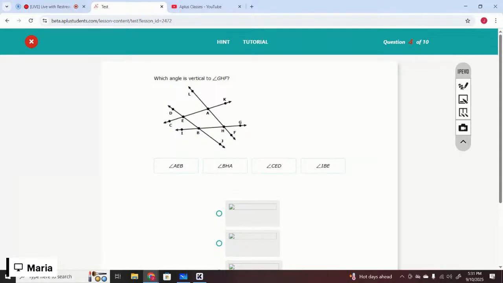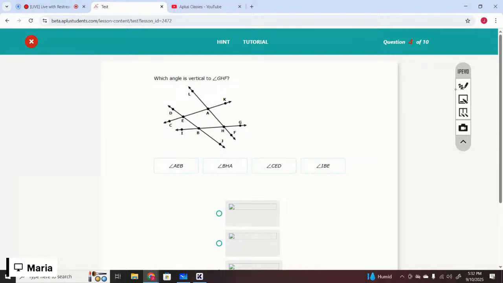Which angle is vertical to angle GHF? Okay, which angle is vertical to angle GHF?